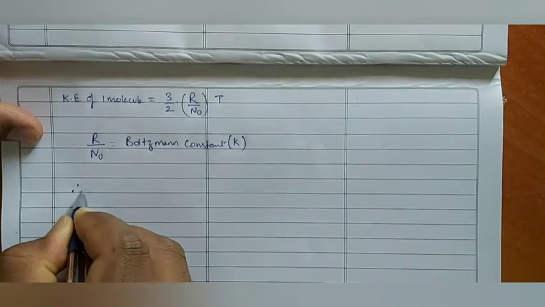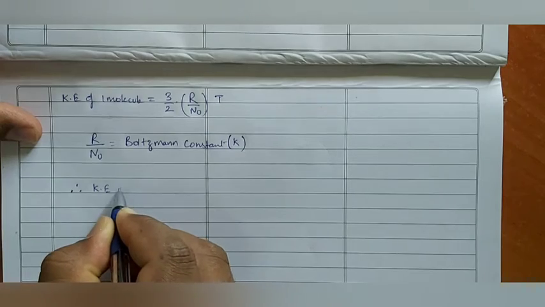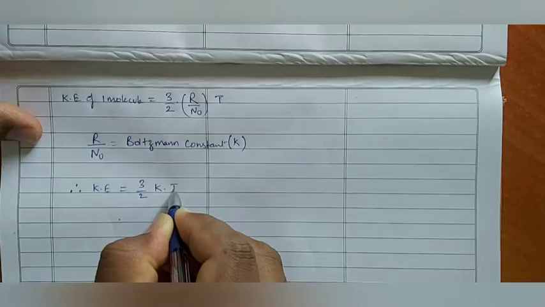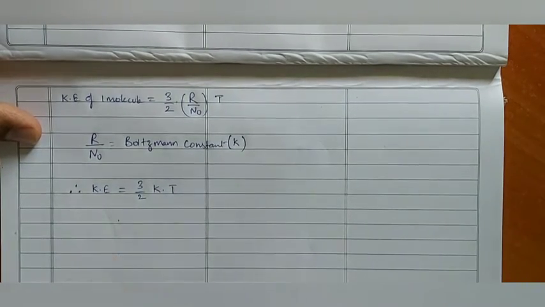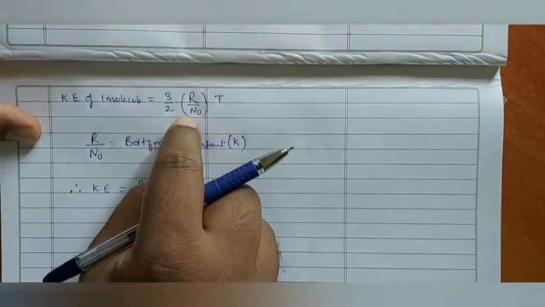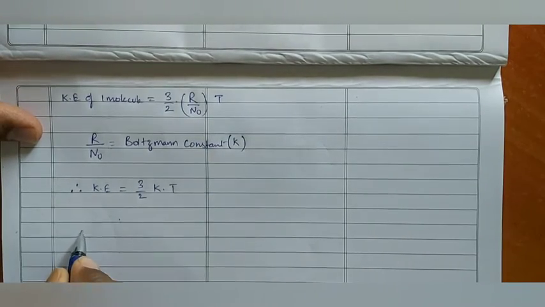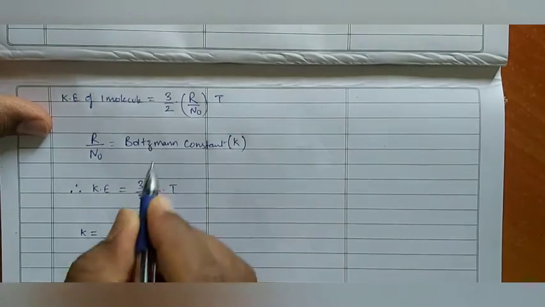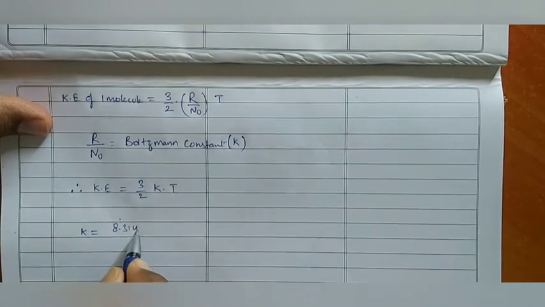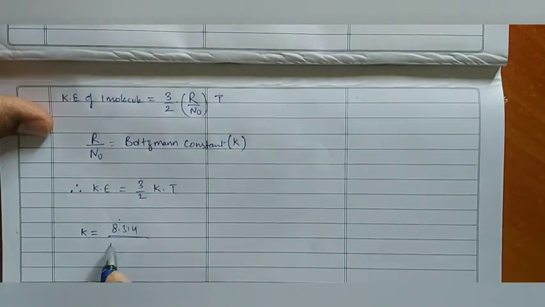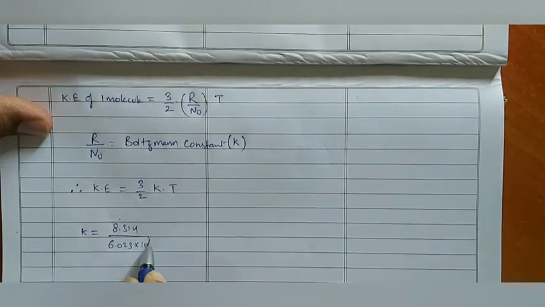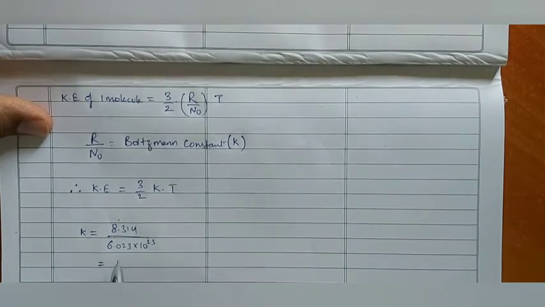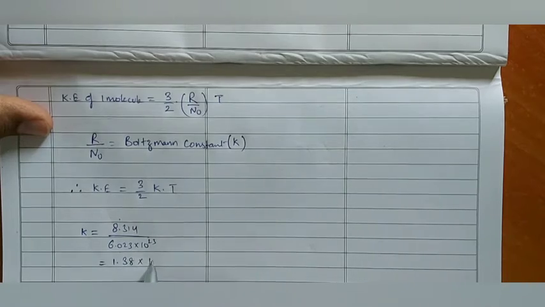Therefore, kinetic energy of 1 molecule is equal to 3/2 into K into T, where K is called Boltzmann constant, R by N naught. Now value of K, Boltzmann constant K is equal to R value 8.314 divided by N naught 6.023 into 10 power 23, is equal to, these two if you calculate you will get 1.38 into 10 power 23.